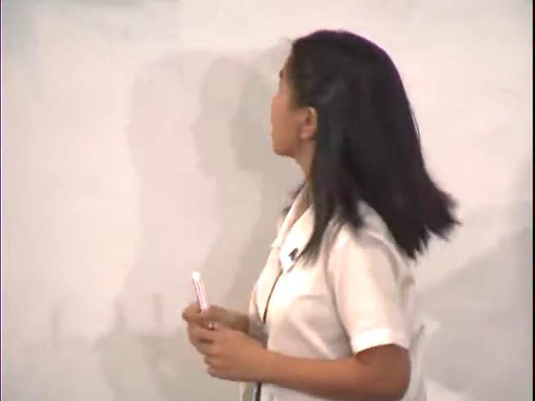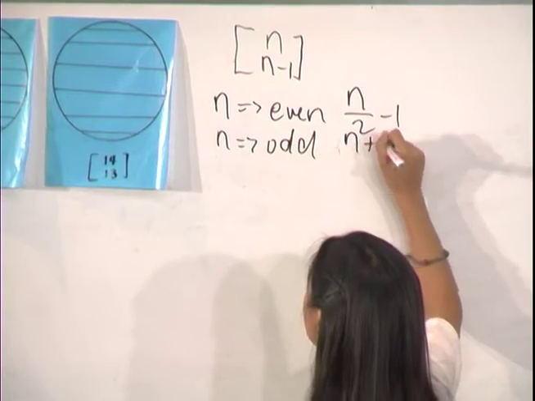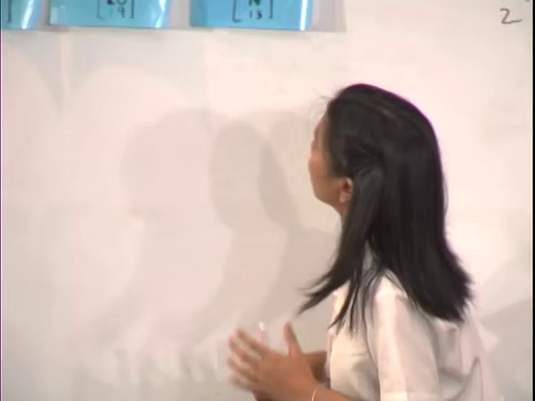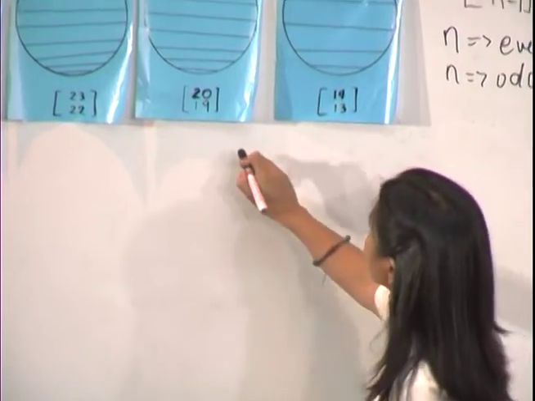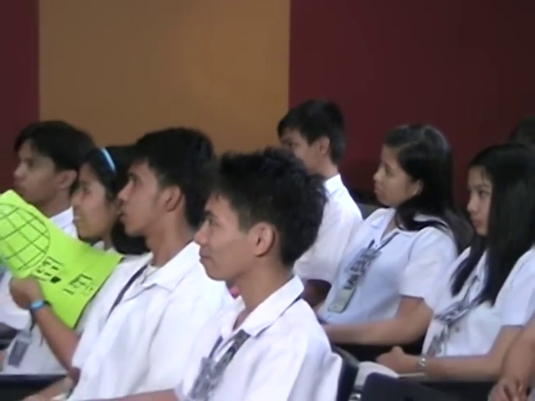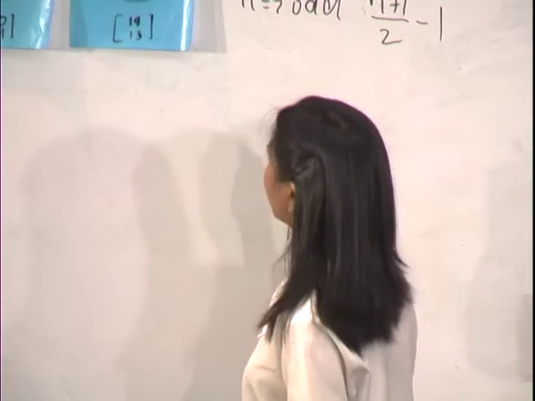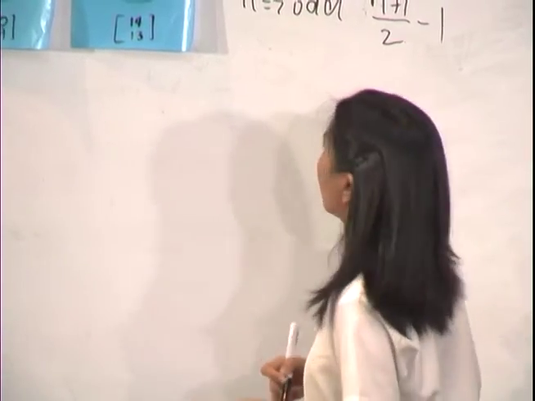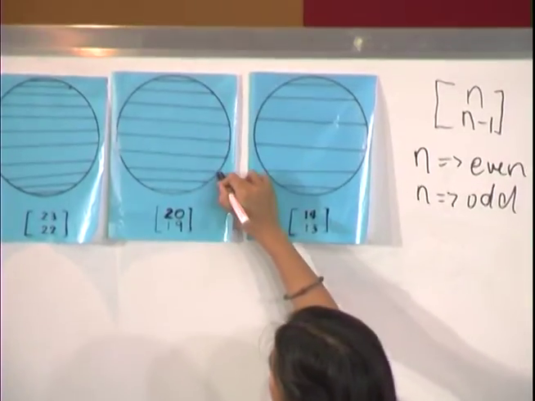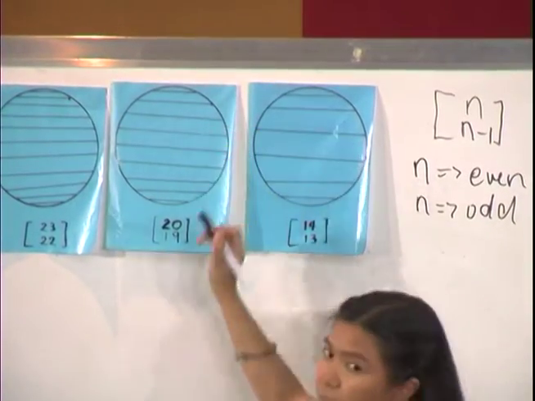And then if n is odd, we have found out that it is n plus 1 over 2 minus 1. And so we have here the graph. For n is even, so it is n which is 20 over 2, so 10 minus 1, so 9. 1, 2, 3, 4, 5, 6, 7, 8, and 9.